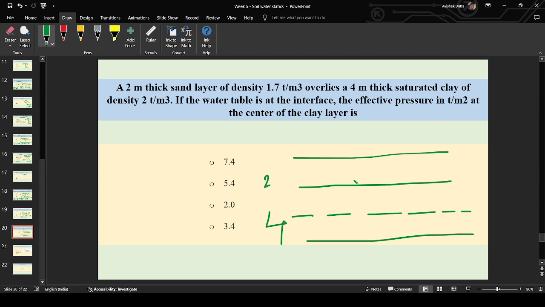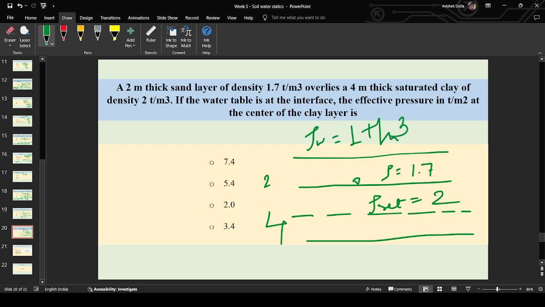So this is the water table, and the density of the sand layer here is 1.7, and over here this is obviously rho sat, saturated density, it is 2, and I have told you to take rho W equal to 1 ton per meter cube.